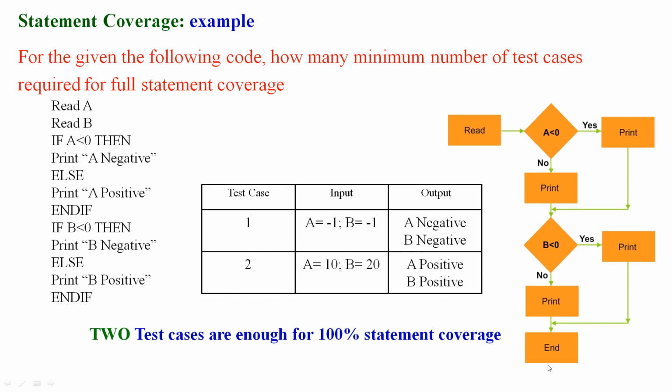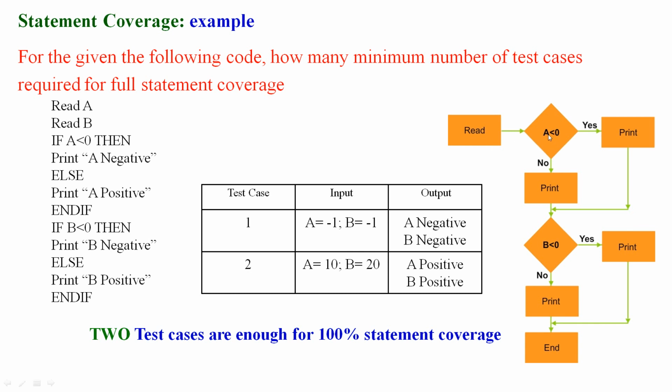Here how many variables are there? There are two variables, A and B. Now, to have 100% statement coverage, first I have assigned the value -1 for variable A and -1 for variable B. Now, read A is -1, A is less than 0?